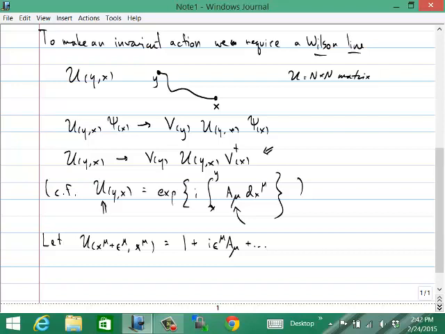So clearly in the case of a U(1) gauge theory, electromagnetism, this is how you would get the electromagnetic potential from the Wilson line operator. So let's see what happens now if we do this for the non-abelian case. So here A_μ is going to be an n by n matrix as well.